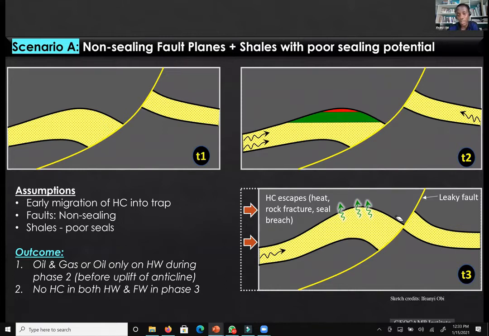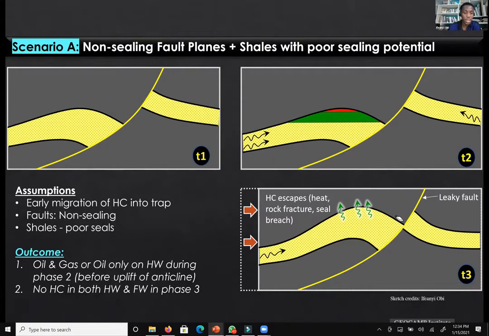even if we had anything in place, through time, things are going to go through those cracks, because why? The overburden shale has a very low capillary entry pressure. In other words, not the best seal to keep things in place in this trapping system. So through time, the gas, because it has higher capillary energy, is going to go through first, followed by the oil, and eventually you're going to have a total leak out of everything, and your trap is empty.